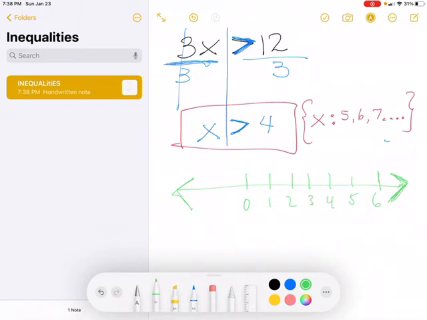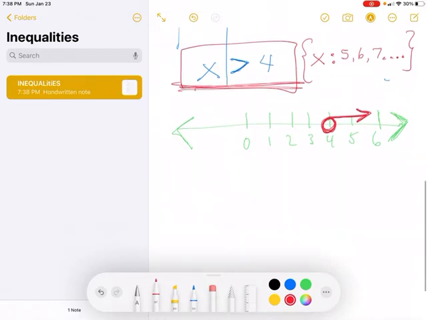And I am going to look at my answer, which is 4, and I'm going to do an open circle, okay? Don't shade it in. It's just an open circle. And you're going to put an arrow pointing to the side where the greater numbers are, because x is greater than 4.